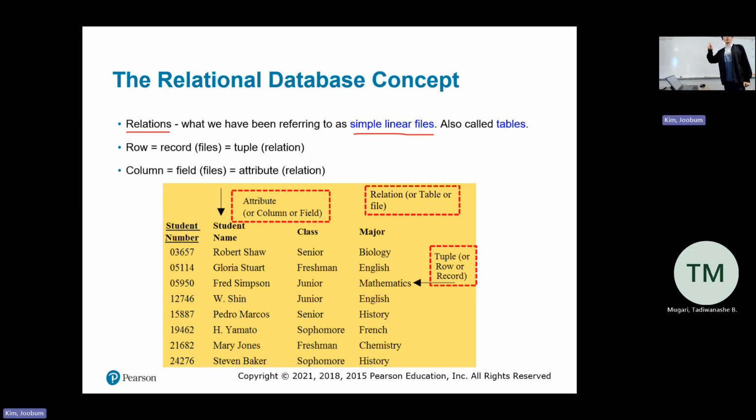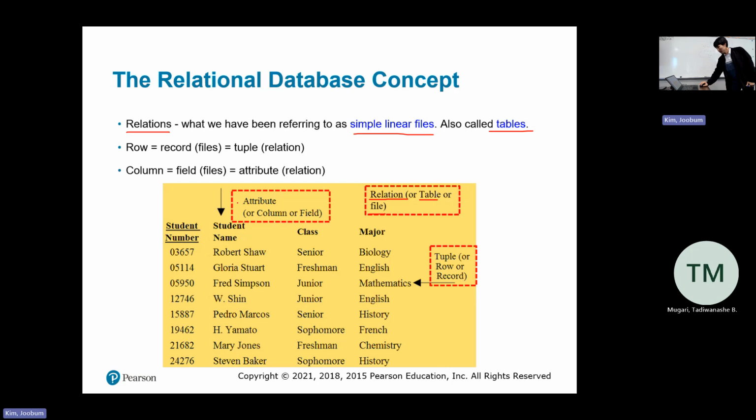Especially relation is used in the relational database, the so-called table. But not all tables are relations. Let me introduce. Roughly, relation can be used interchangeably with table or file.